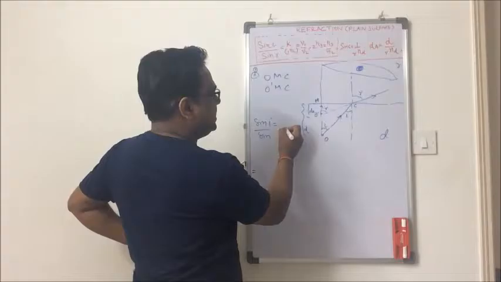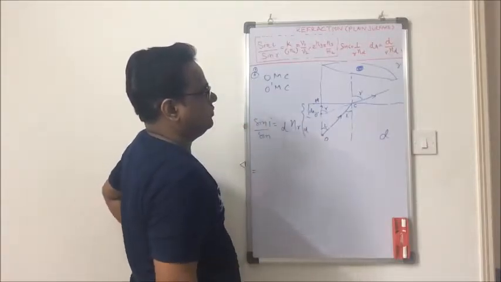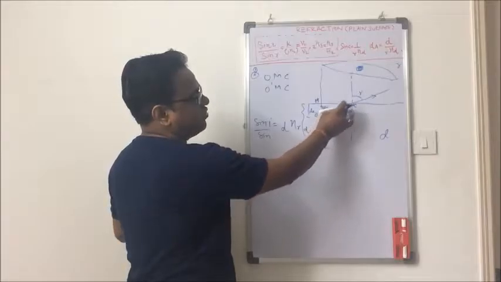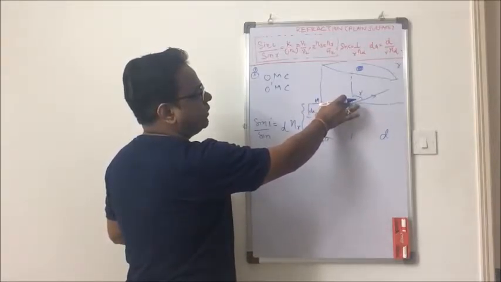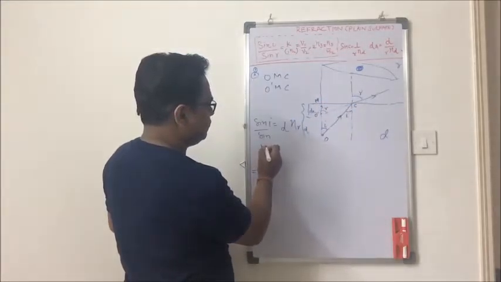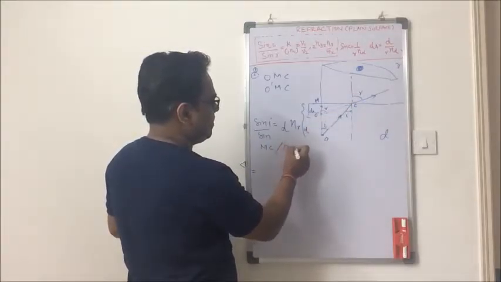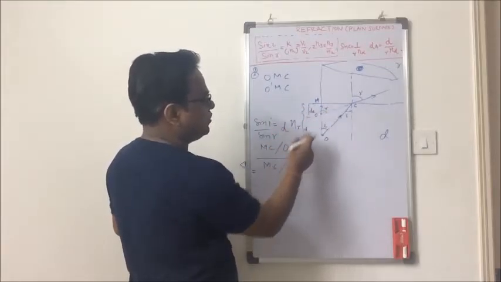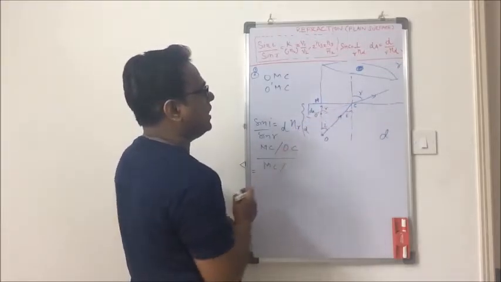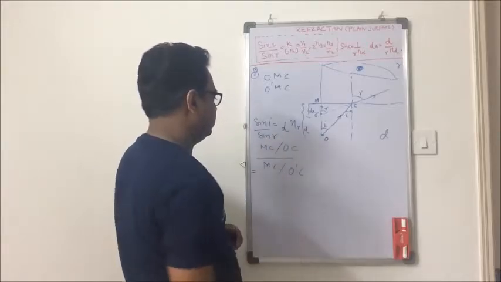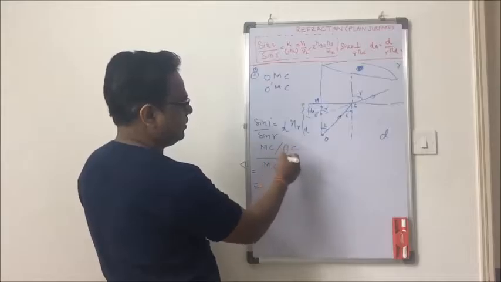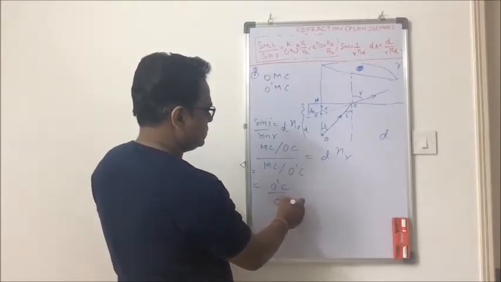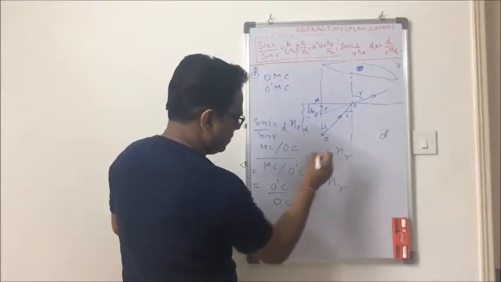Now if we put sin i in terms of perpendicular divided by hypotenuse, it would be MC divided by OC, and similarly sin r for triangle O'MC is MC divided by O'C, which becomes O'C divided by OC equal to n_d/n_r.